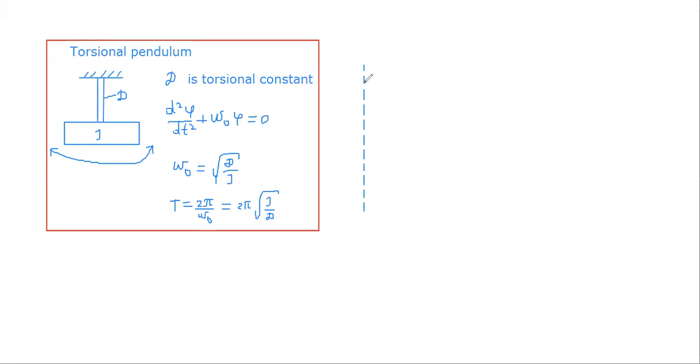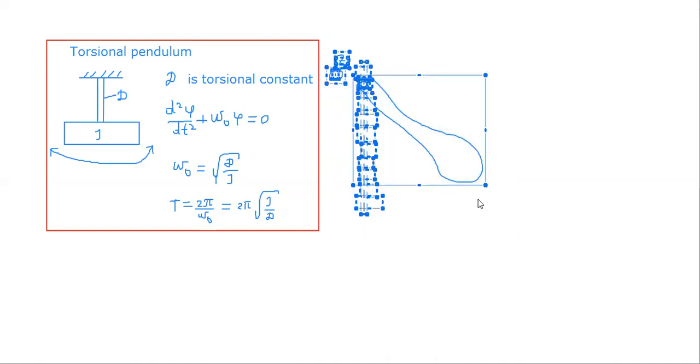And here we have some rigid body, and this axis z is perpendicular to the screen and is directed from the screen to us.